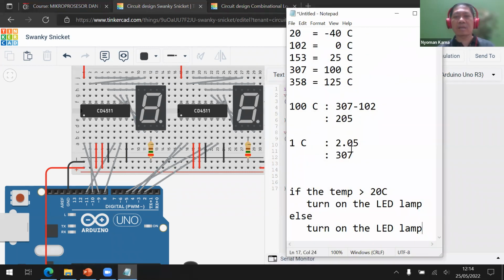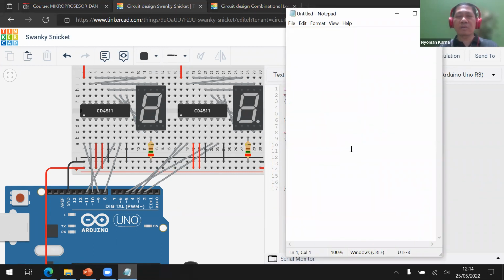So let's say the temperature is 18 degrees Celsius. That means the value of 1 will be sent to the left 7-segment, and then the value of 8 will be sent to the right 7-segment.